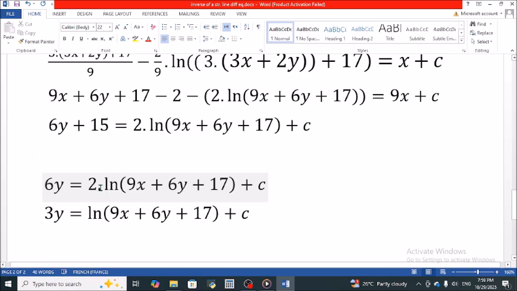Here is 6y and the right-hand side of the equation is multiplied by 2. So we are left with, 6 divided by 2 makes, 3y equals ln of 9x plus 6y plus 17 plus c. We could have omitted the c, but it's better because on differentiation it will yield 0, because it is a constant term. Okay, so this is our solution.